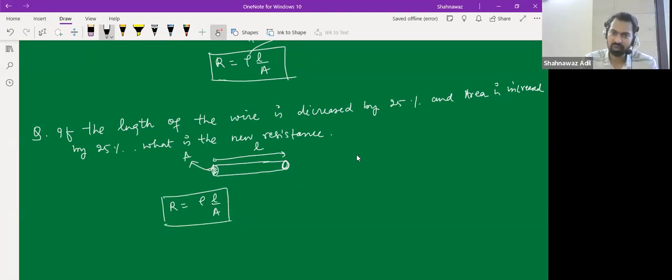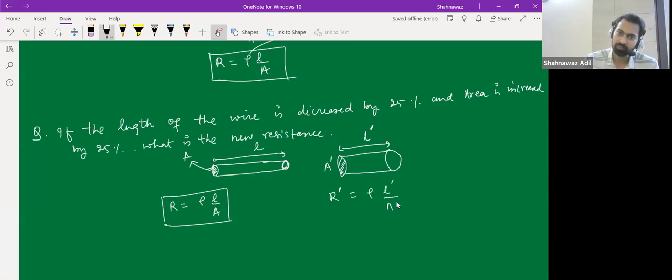So what we did was that we just decreased the length by 25% and we increased the area by 25%. So let's say that this new area is A prime and this new length is L prime. And the material is same, right? So the R prime would be rho L prime by A prime.